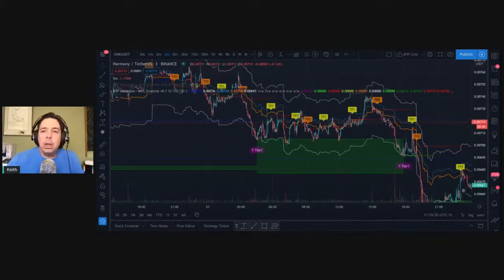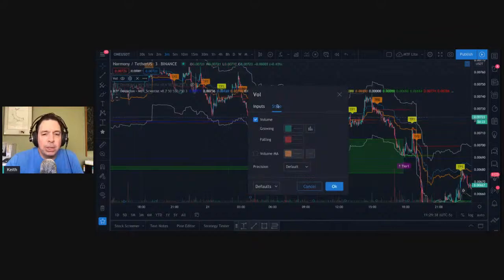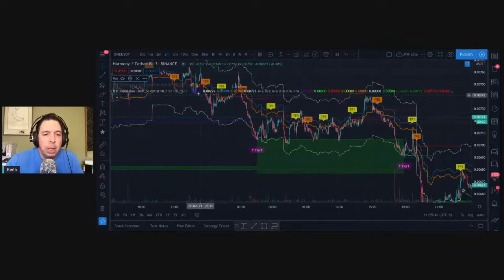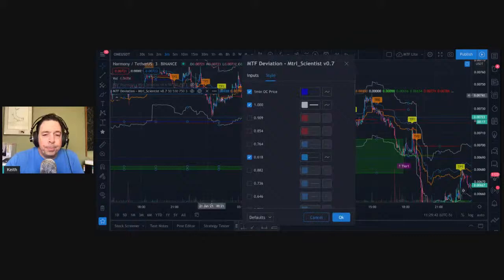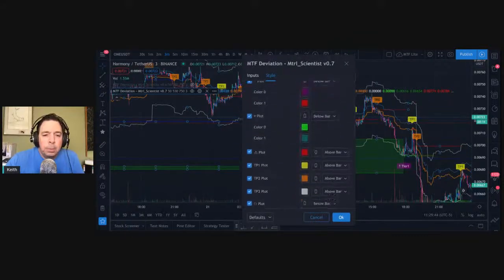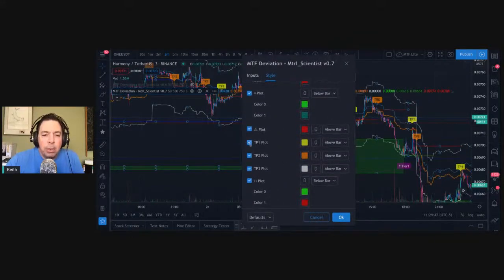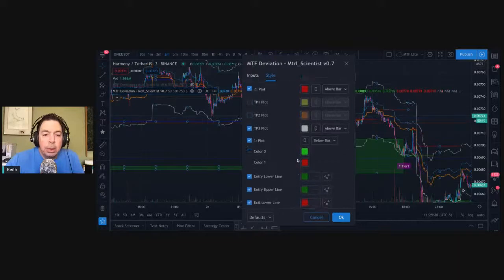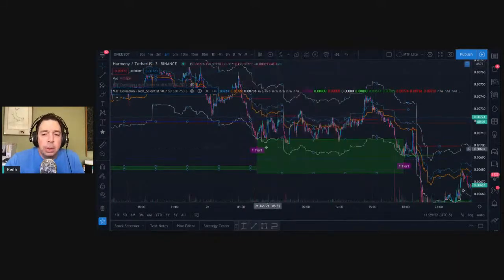So let's look closer at some of the other little things that we notice on the chart. You see these red lines and blue lines, and I'm going to clean this up just a little bit so it's easier for us to see. Oh, that's the wrong one. I'm going to take out TP 1s and 2s.